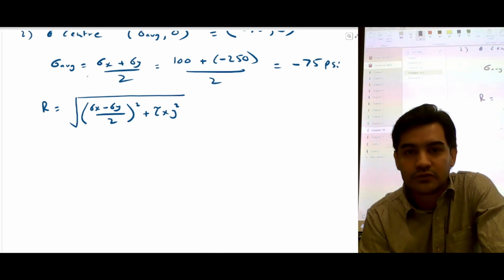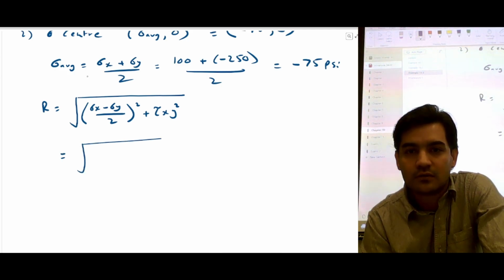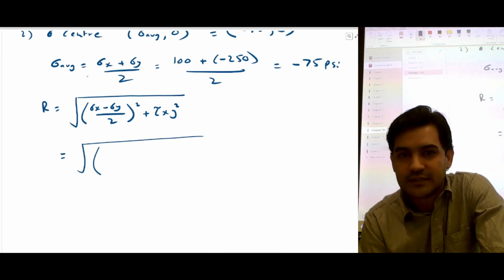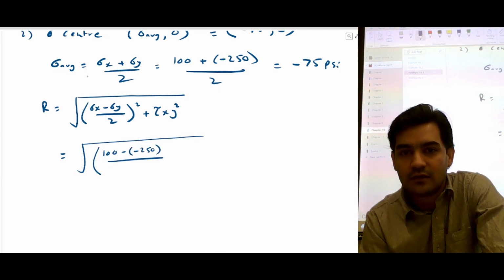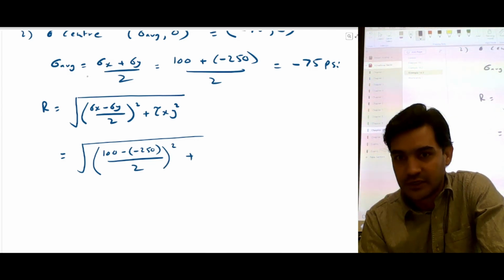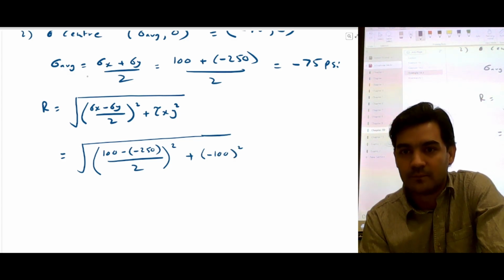And if you try to solve for this, our stress x is 100 minus our stress y, which is negative 250, divided by 2, whole squared, plus our shear stress, which is negative 100, whole squared.